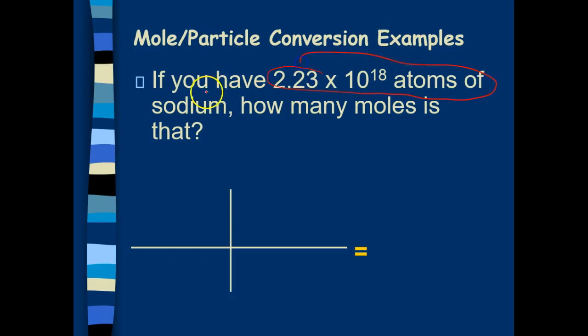Again, if you have 2.23 times 10 to the 18th atoms of sodium, here's what you're doing: atoms of sodium, how many moles? You put 2.23 atoms of sodium, because this is what you have. What you have on the top, you put on the bottom.